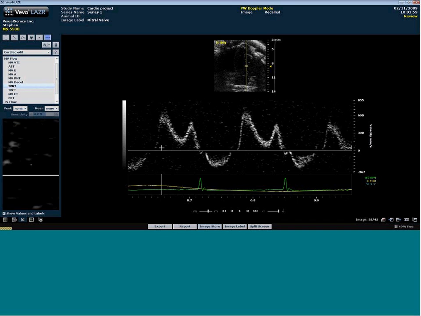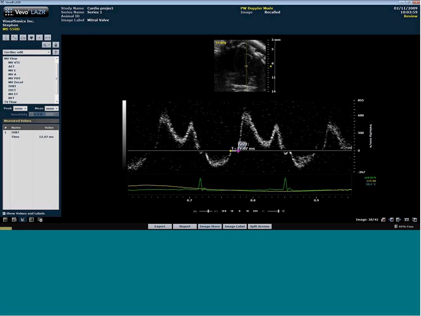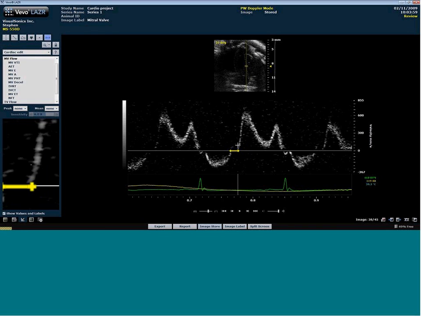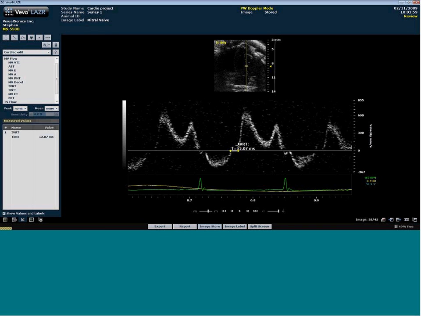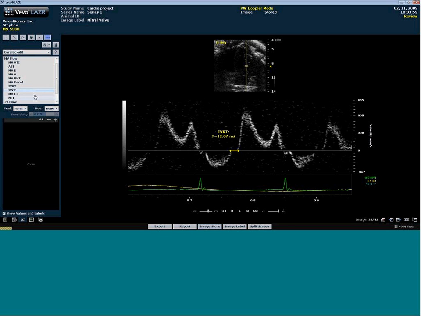So IVRT, isovolumic relaxation time. It's this point where the flow comes back up to the line, to the beginning of the E peak, and we'll move that out of the way. Isovolumic contraction time is on the other side. If you think of it, the relaxation happens before the E peak, and then the contraction happens after the A peak.